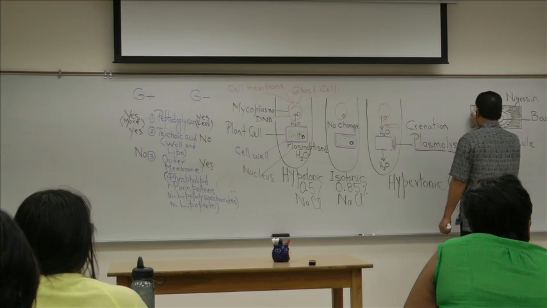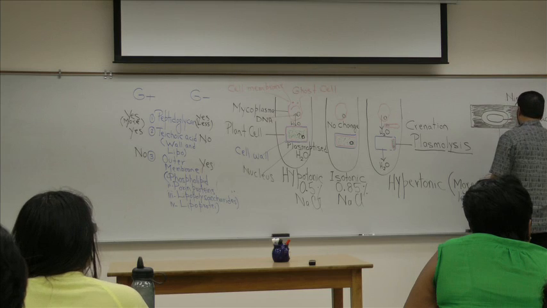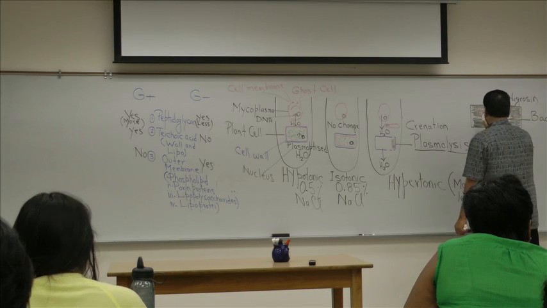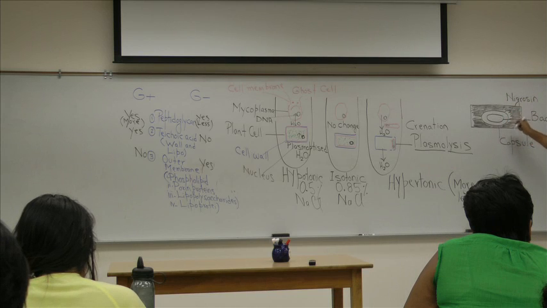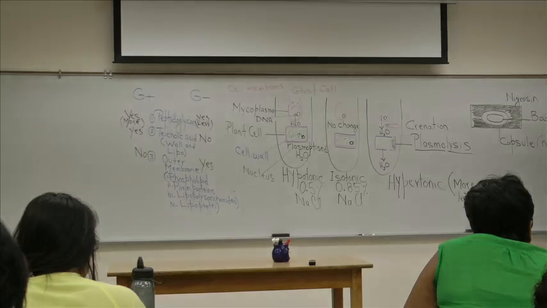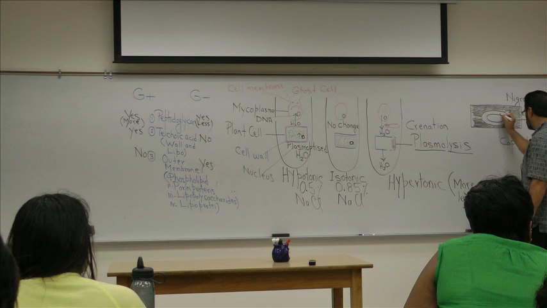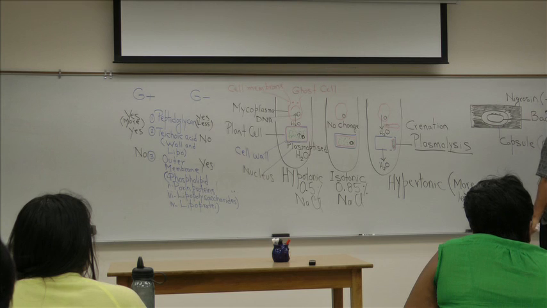Clear. Because bacteria is negatively charged and nigrosin is negatively charged, they will repel each other. The capsule is non-ionic. So bacteria is clear, capsule is clear. There's no contrast, so we're going to have a problem.